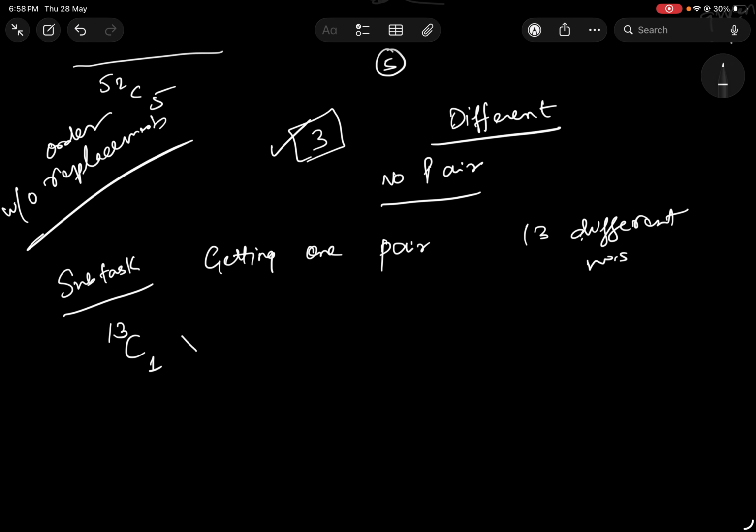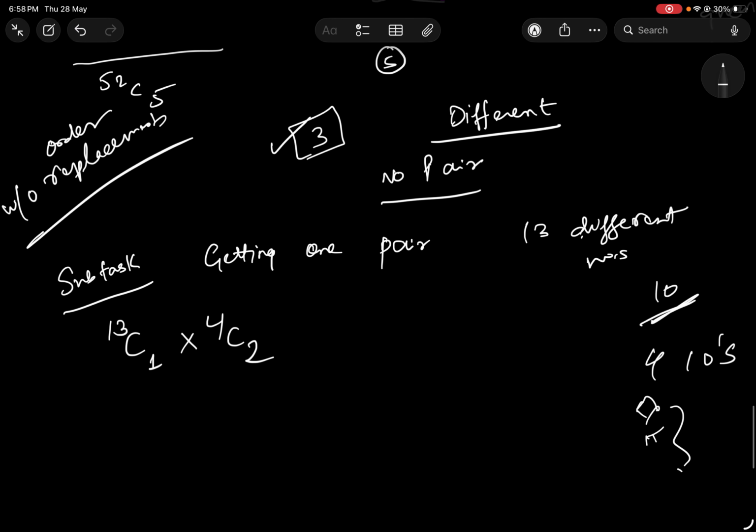And once I get the number, suppose I get 10. Now there are 4 tens, one of each type, and I can take any two from these 4. So that is also a choice, and there are 4C2 possibilities from there.